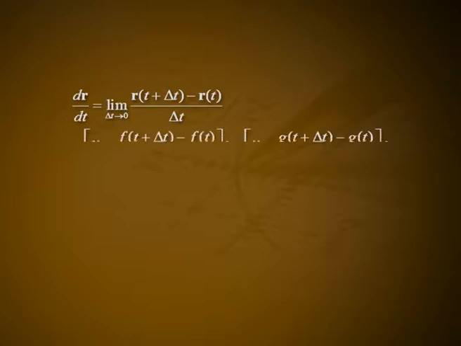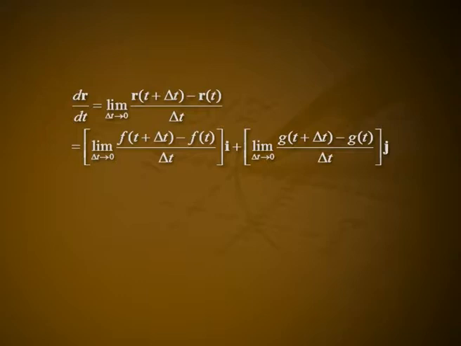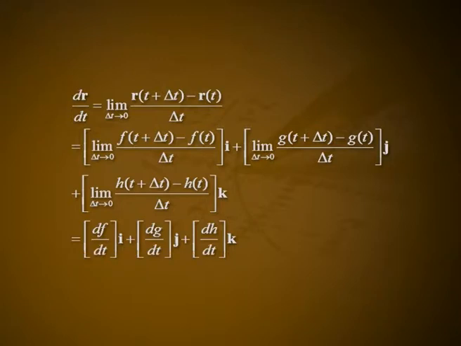Then dr by dt is equal to the limit as delta t tends to 0 of r of t plus delta t minus r of t divided by delta t, which is equal to the limit of f of t plus delta t minus f of t divided by delta t times i, plus the limit of g of t plus delta t minus g of t divided by delta t times j, plus the limit of h of t plus delta t minus h of t by delta t times k, which is equal to df by dt times i plus dg by dt times j plus dh by dt times k.